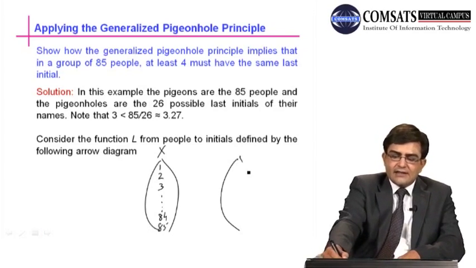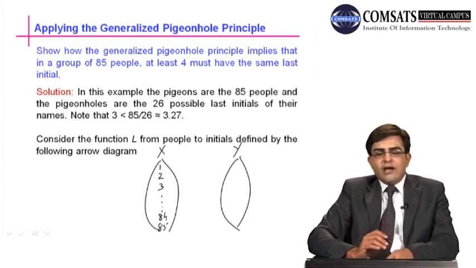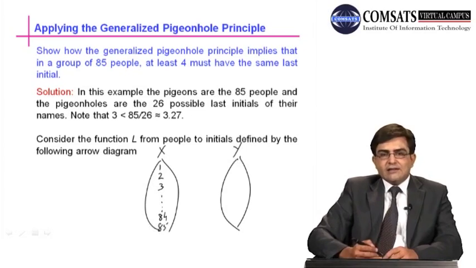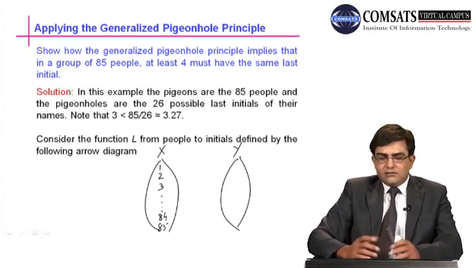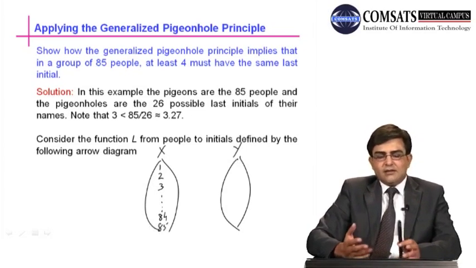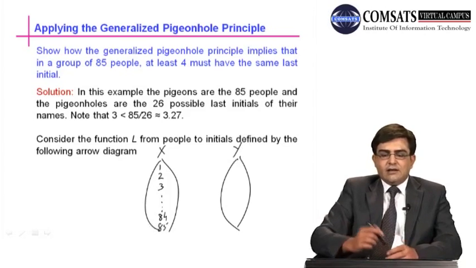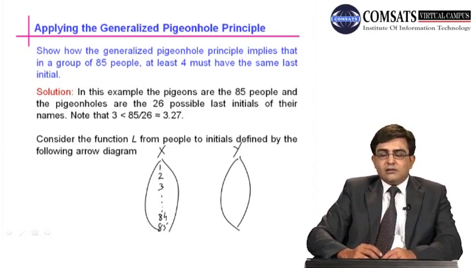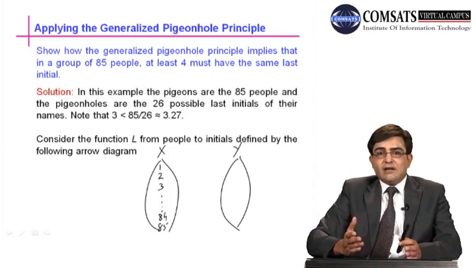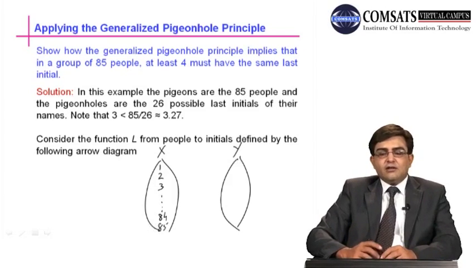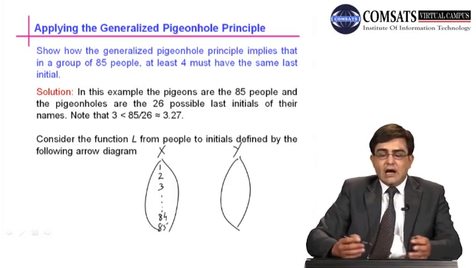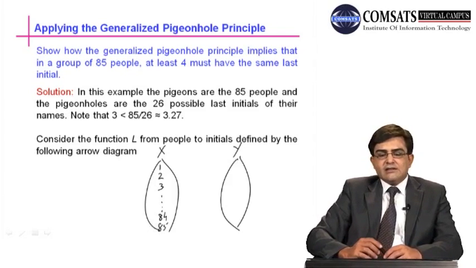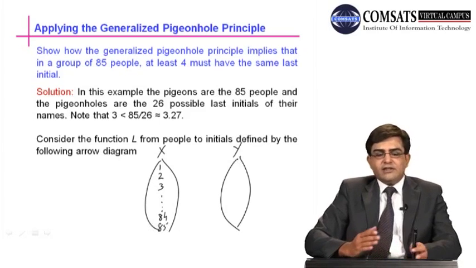In the second set Y, you have last initials, meaning the last alphabet of their names. For example, my name is Amir, and the last initial, the last alphabet of my name, is R. Similarly, we have to see the last alphabet of these 85 people.